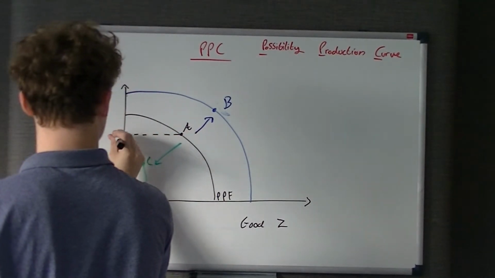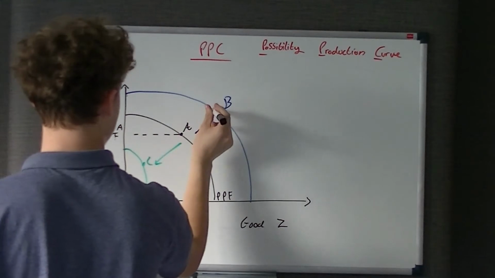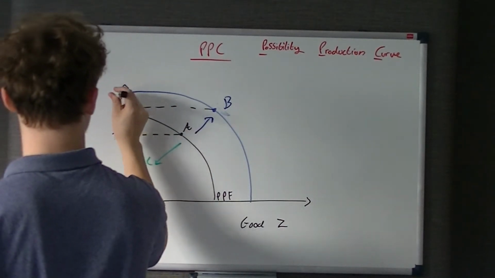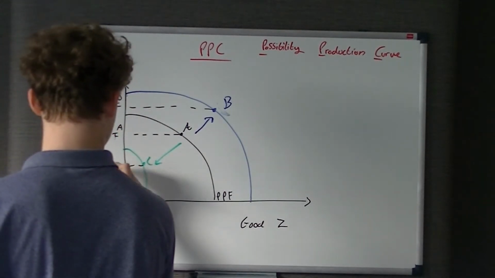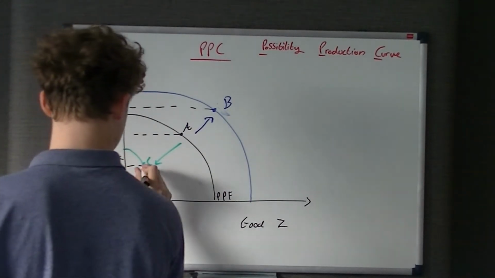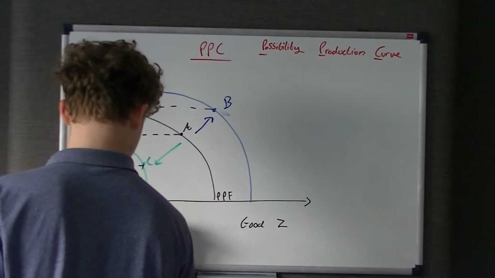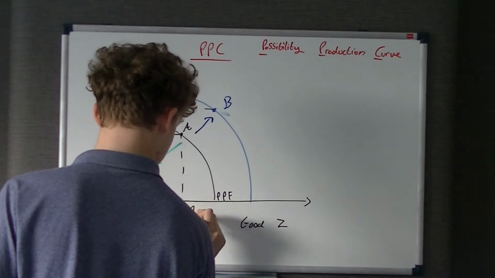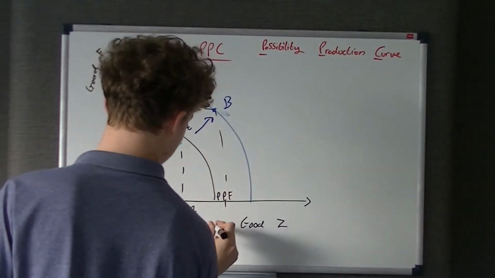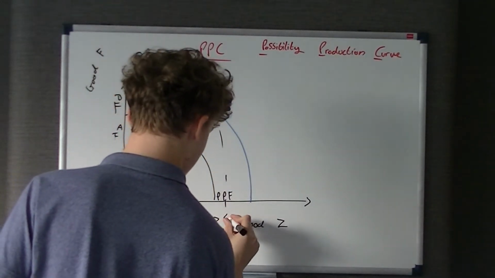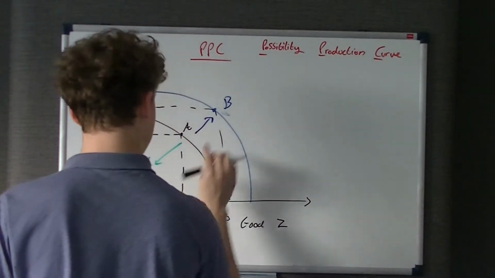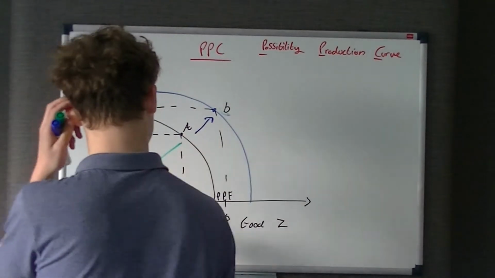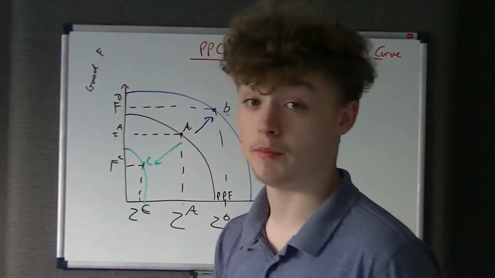So FA top and FB, FC, ZC. I'm just going to draw these on quickly. ZA, and remember this should be small letters because it is a micro economy.